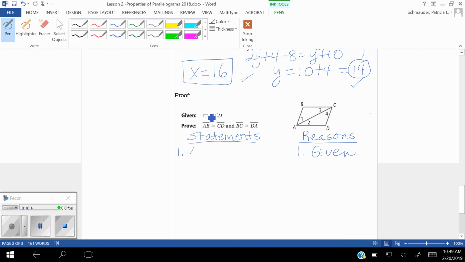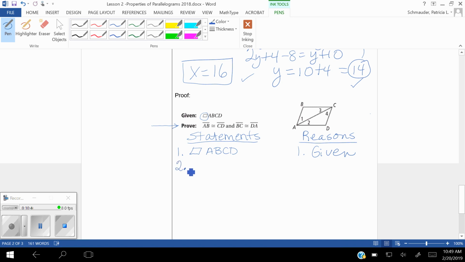And when I have this little symbol here, that means ABCD is a parallelogram. So I've got parallelogram ABCD, and they want me to prove that AB is congruent to CD and BC is congruent to DA. Okay, they're wanting me to prove the theorem that says if a quadrilateral is a parallelogram, then its opposite sides are congruent.